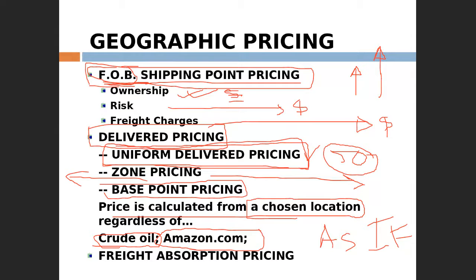Shipping charges are calculated from a particular base. And I have another example, but I'm not going to go there. But finally, we have freight absorption pricing, which is free shipping and delivery. There is, folks, no free lunch. It's absorbing the cost, but it feels nice to hear free shipping and handling, freight absorption pricing.